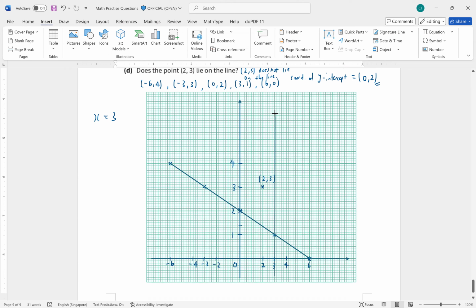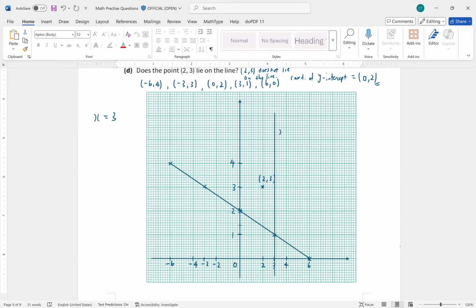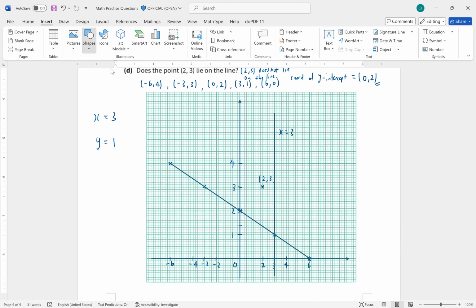This line is called x equals 3. If they ask you to draw a line like y equals 1, this one is a horizontal line that passes through y equals 1. So it's something like this, a horizontal line.